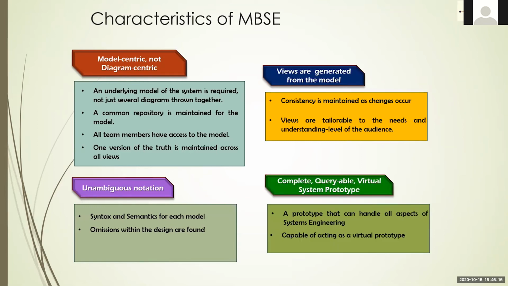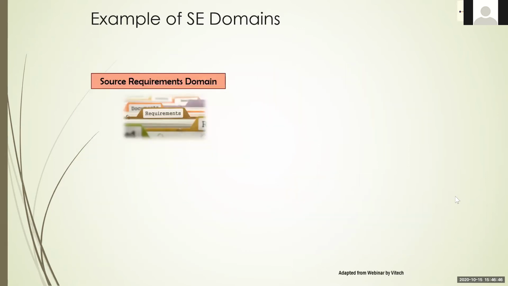And by having all this set of models, or having the capability of creating views, it is something similar to saying that we have created a prototype, a kind of virtual prototype, and whatever view or thing you want to see from that system, we can pull it from the tool. Okay, so that's one of the advantages of model-based system engineering.